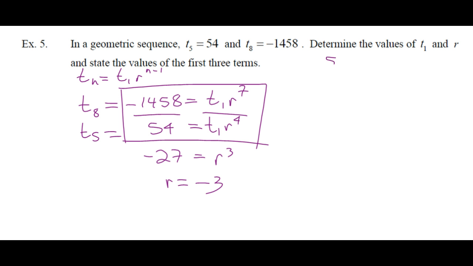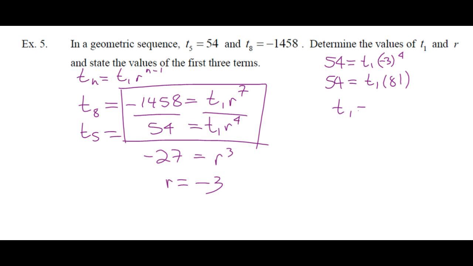So we know that T5 is equal to T1 times negative 3 to the 4th. 54, right? Works out a bit easier. What's negative 3 to the 4th? The answer will work out the same. 81.